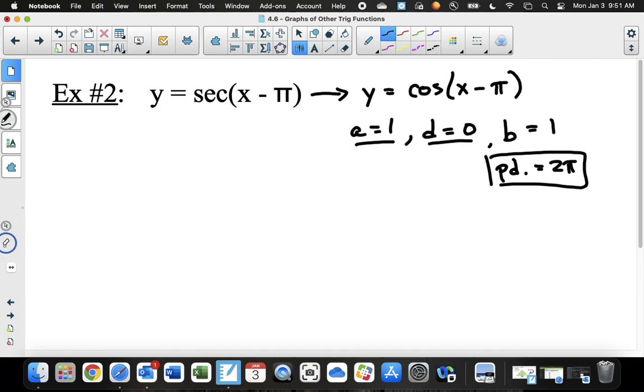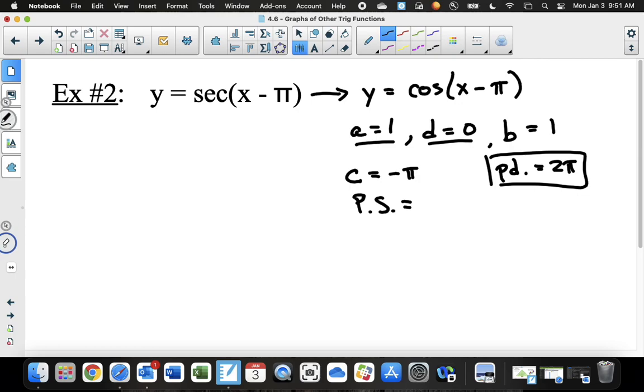Okay. And finally, the last part, that's our phase shift, our horizontal shift. Okay, that's where we shift our starting point. So in this case, what's the value of c? Negative pi, which means our phase shift is the opposite of c divided by b.